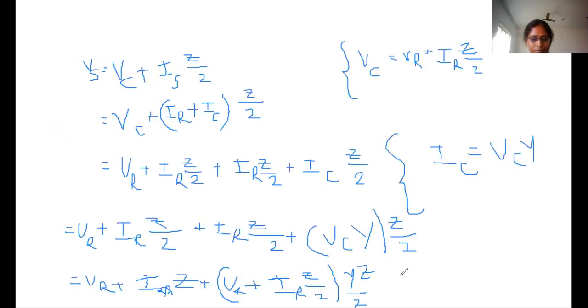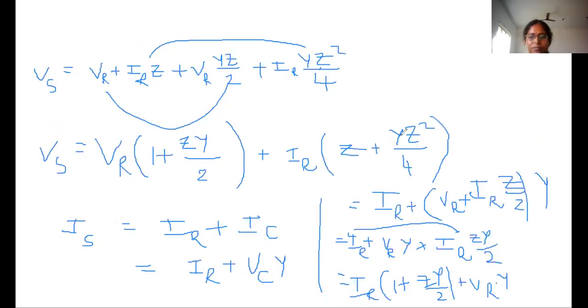So B value equal to Z plus YZ square by 4.